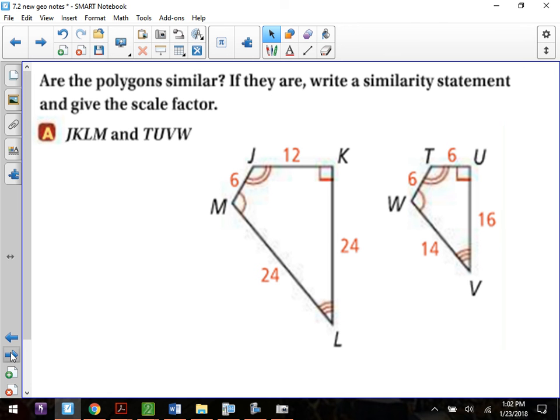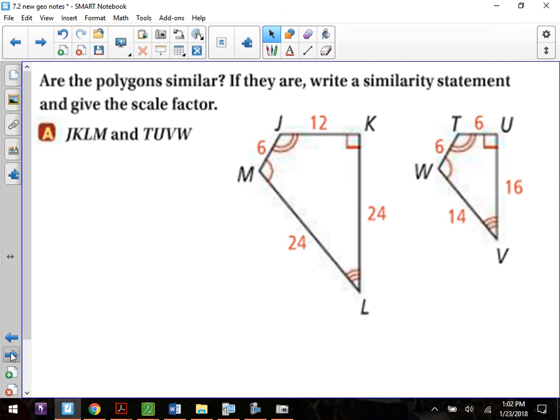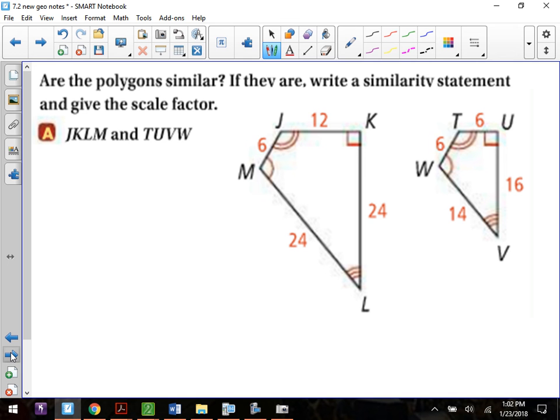So hopefully, you guys are okay with the angles matching up, right? Those work, I know that. So if you go through the letters, we have 12.